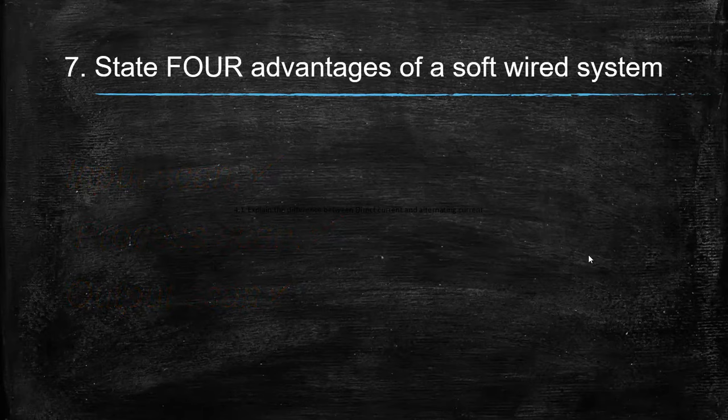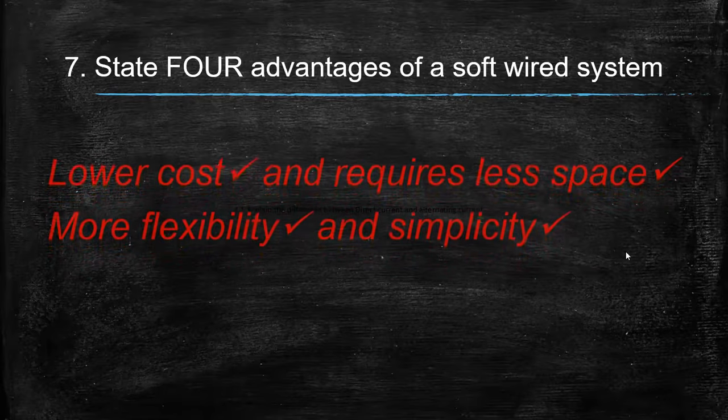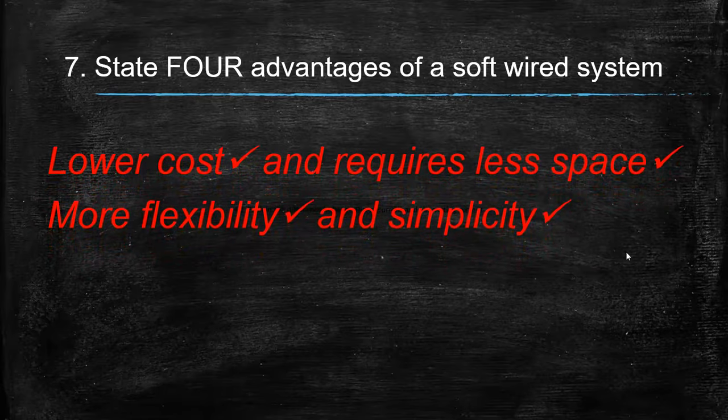State 4 advantages of a soft wired system. Lower cost and requires less space, more flexibility and simplicity.